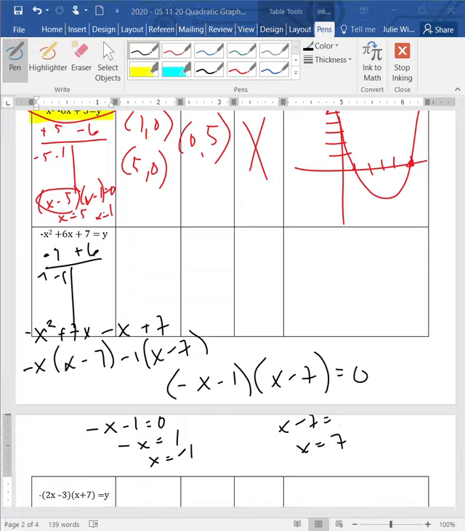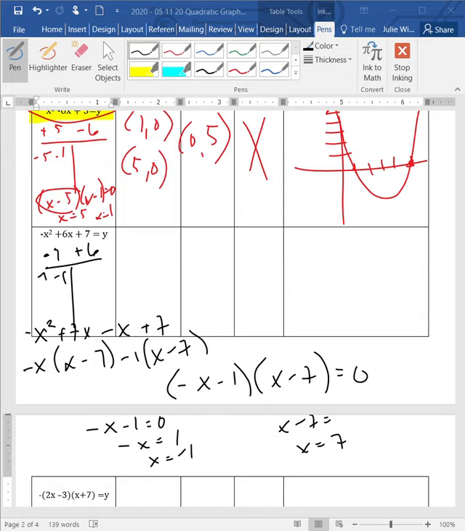So if I were to graph what was originally given to me, negative x squared plus 6x plus 7. Oh, got a frowny face. You could put equals y if you want to. You don't have to. So let's look at the x-intercepts.